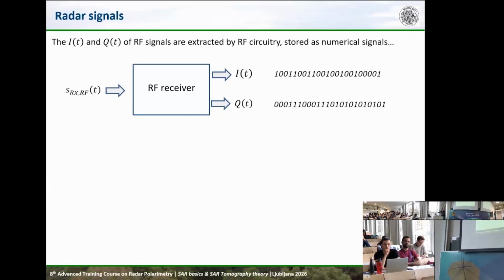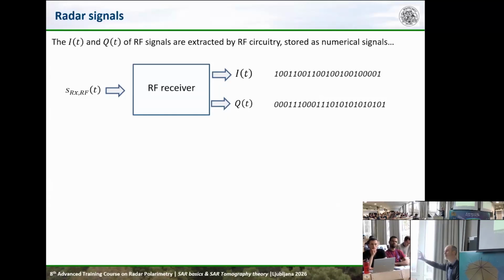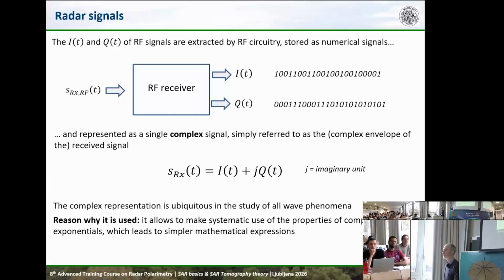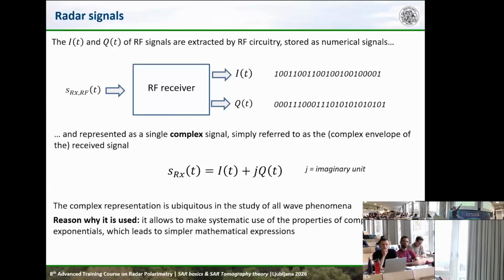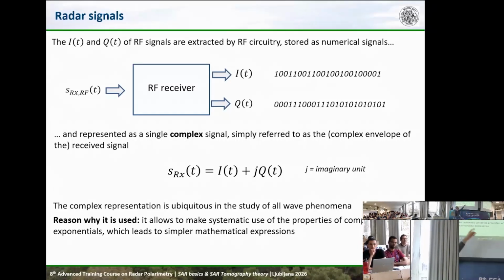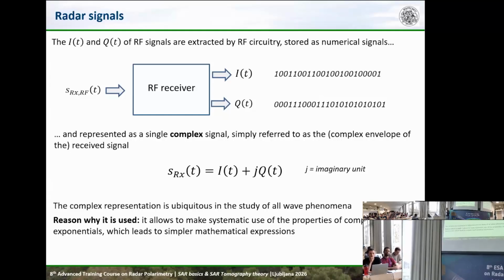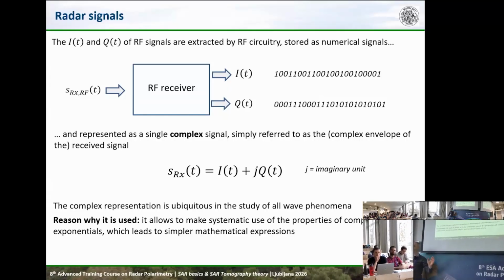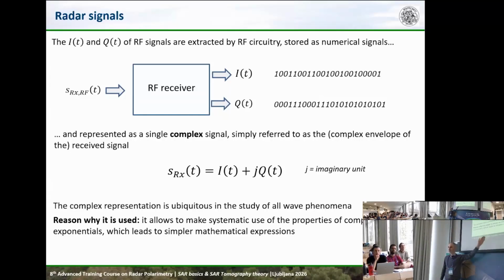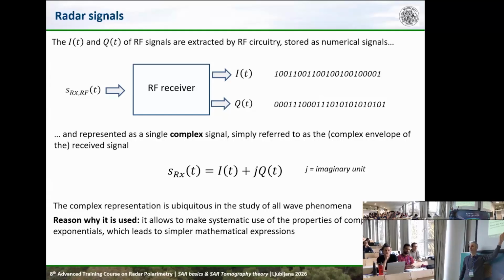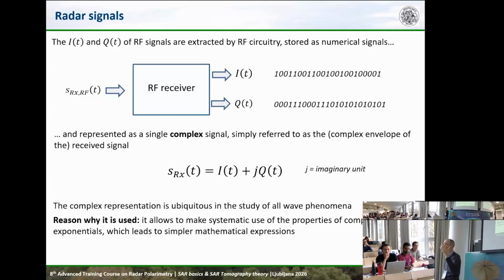So once those I and Q components are digitalized, they are represented in a single complex signal. The I signal is taken as the real part, and the Q signal is taken as the imaginary part. Every paper, every book about waves, I would say at least since the 70s, uses complex representation. And why? It's not that it gives you something more.